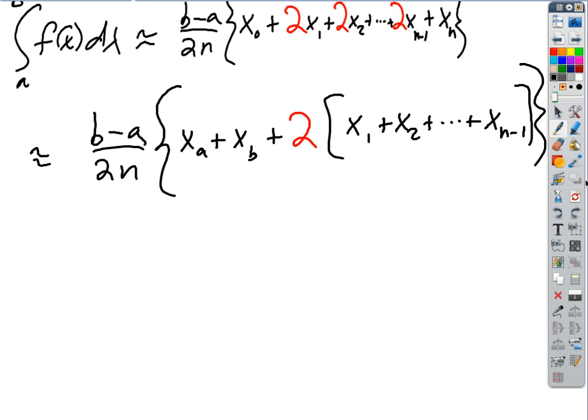We know that that's A and that's B. In fact, that's a better way to do it. We really should just call that A plus B, right? The left boundary of the whole thing, the right boundary of the whole thing, add those up, plus 2 times this interior sum.